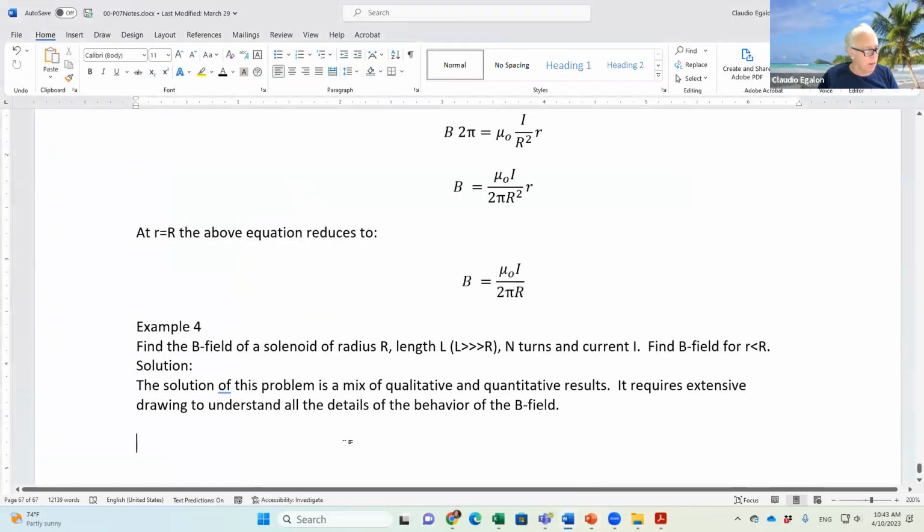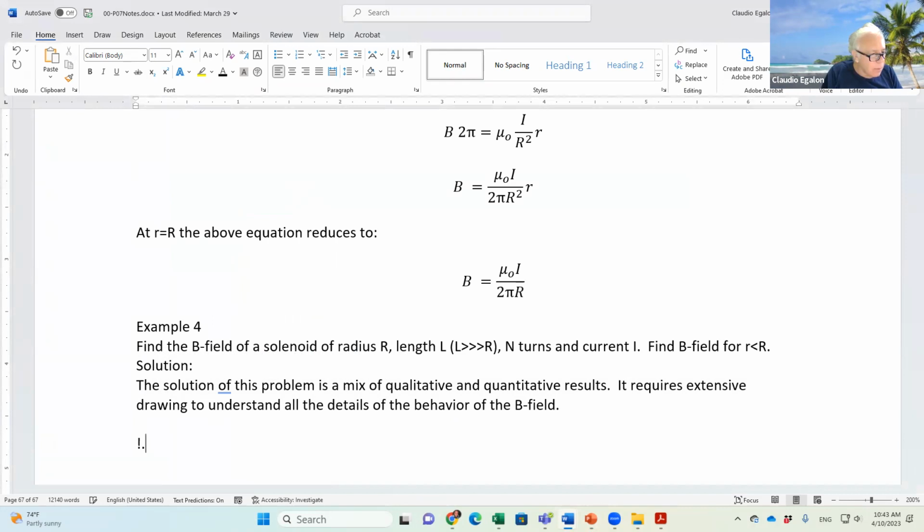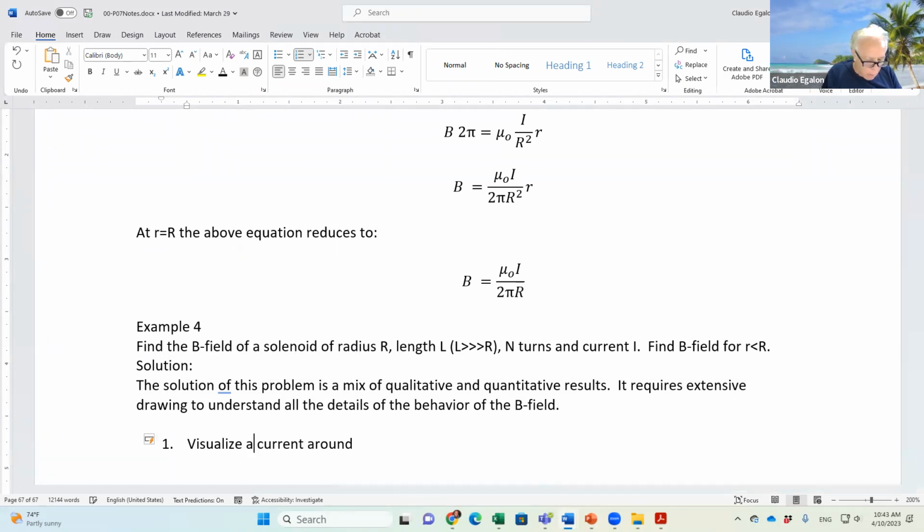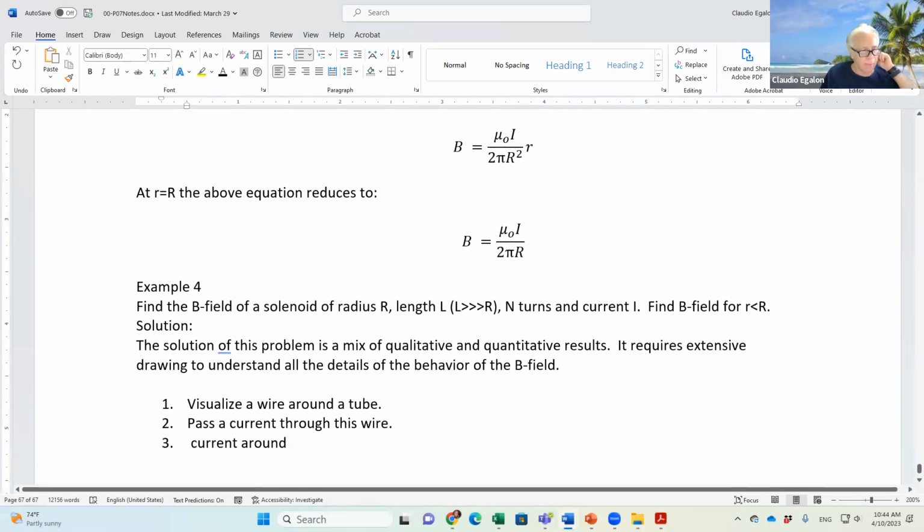So you have the B field of our solenoid. First, visualize a wire around a tube. Pass a current through this wire.